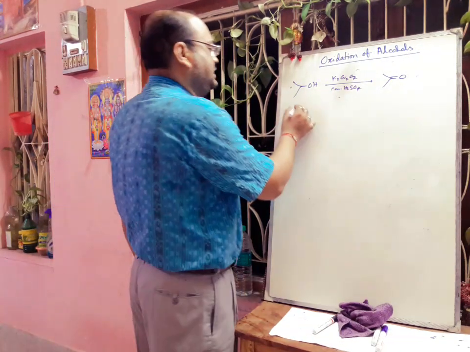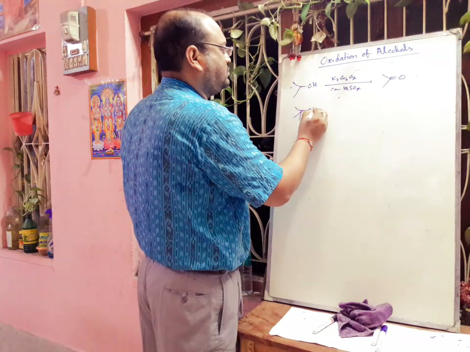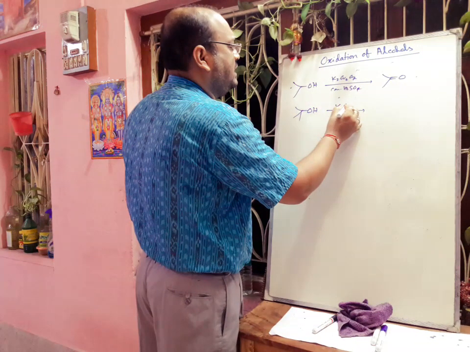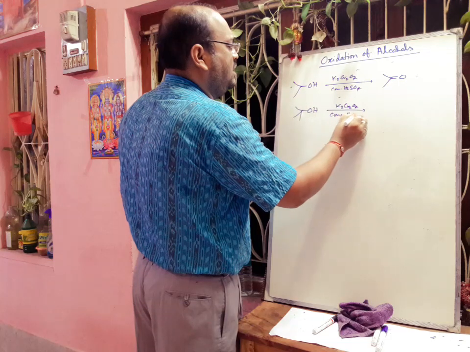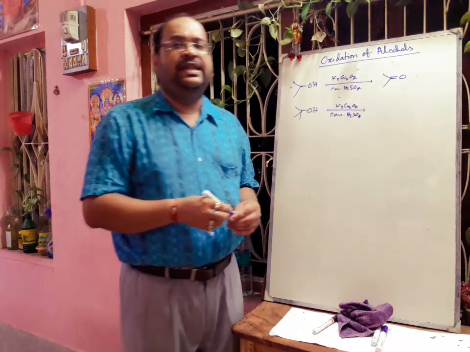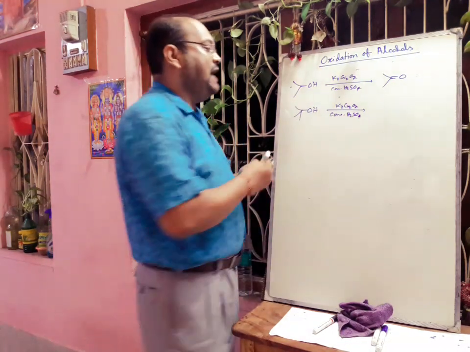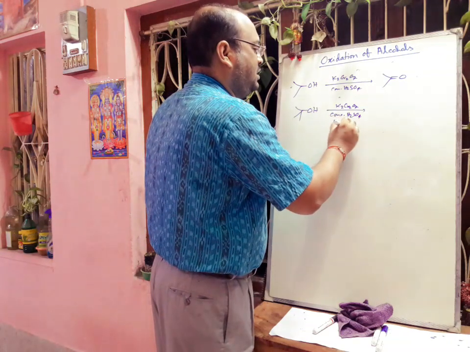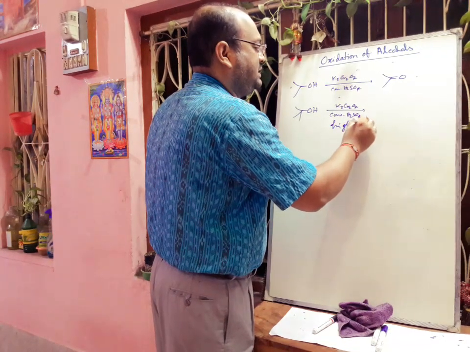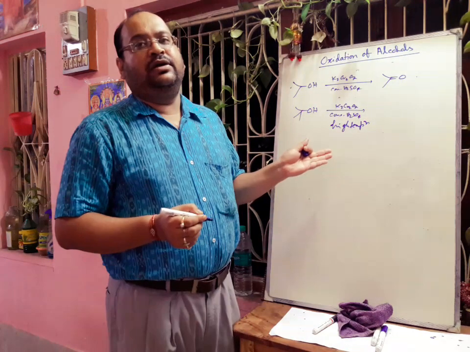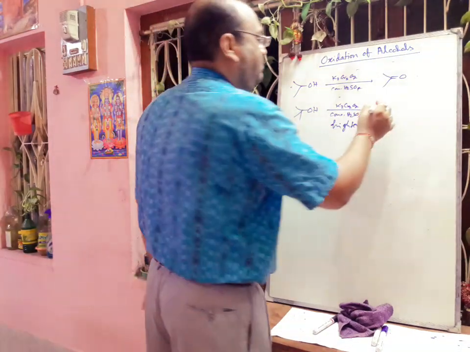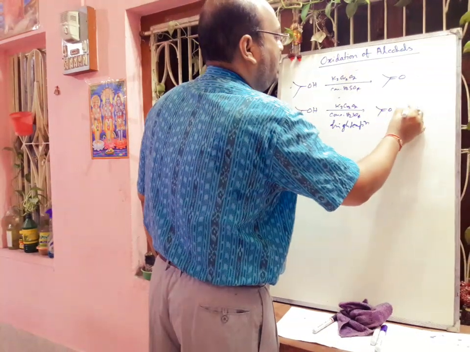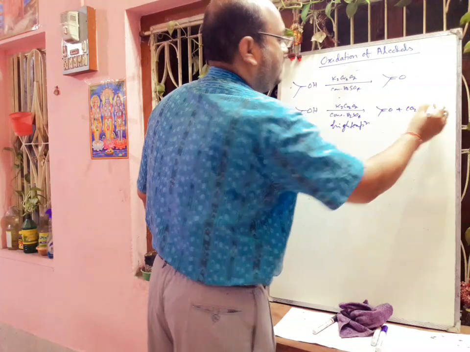But if we take tertiary alcohol and add the same reagent, the chance of oxidation is very low, the rate is very low. But if we apply high temperature and pressure, then after prolonged oxidation there will be formation of acetone plus carbon dioxide plus water.